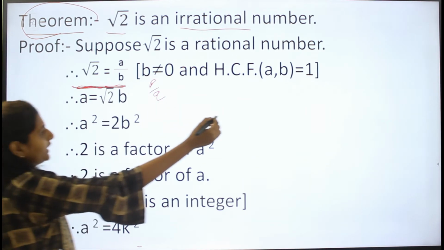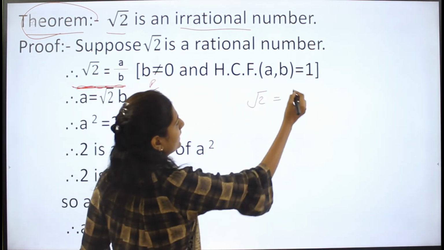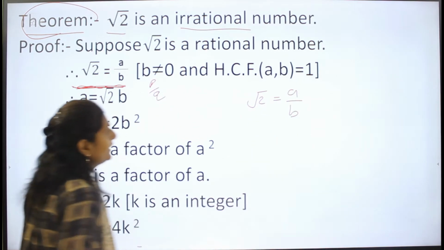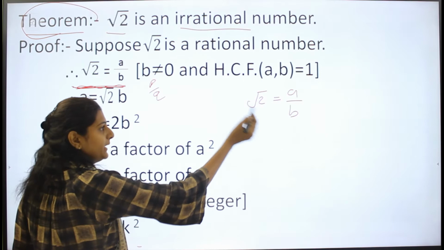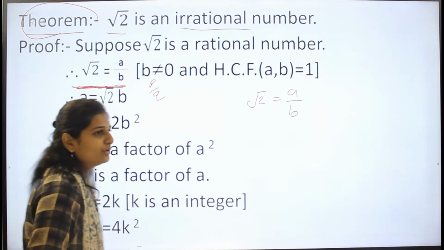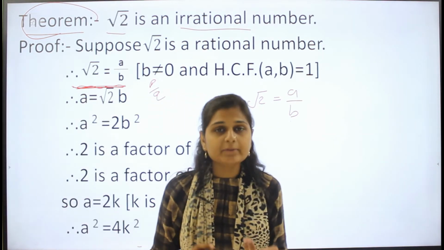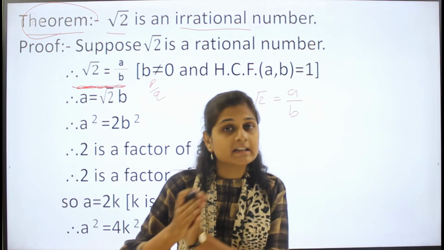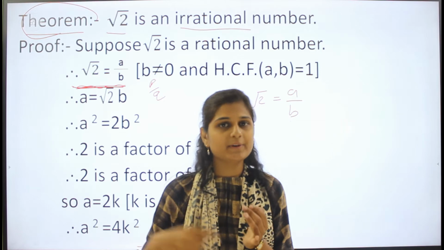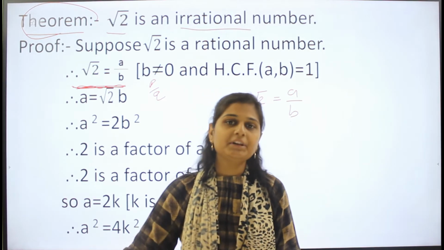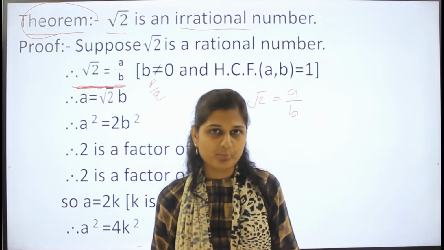Now what we have done over here with A upon B is taken B from division to multiplication. If you don't know about this, any value which goes to the other side of the equal sign, if it is positive, it will become negative. If it is negative, it will become positive.